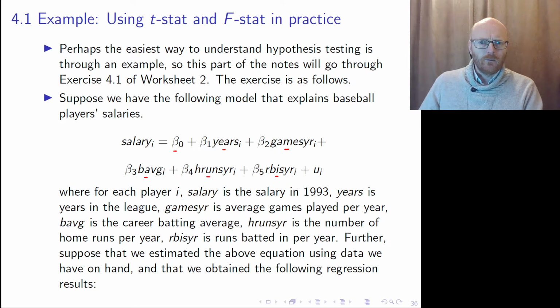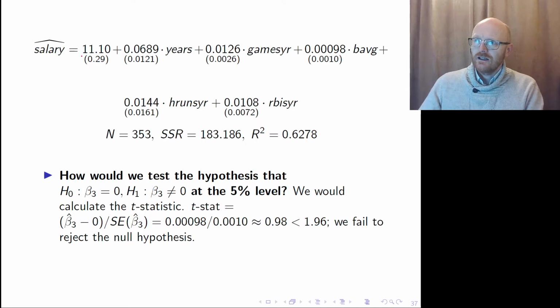Okay, so the salary is 1993 salary, and we gather data to estimate this regression. This is the population regression, and here is the estimated regression with the sample coefficients.